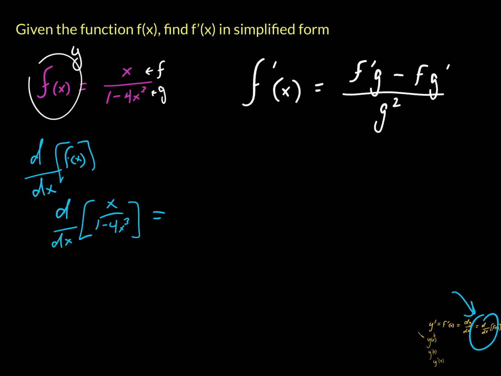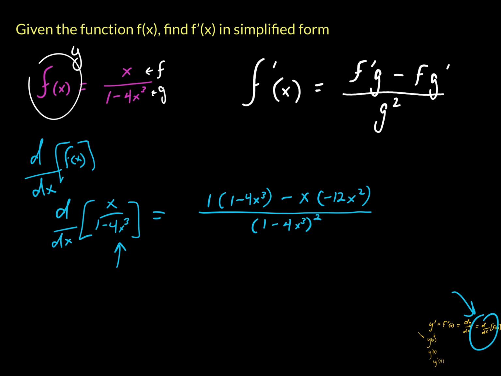So f prime, well, the derivative of x is 1. We're going to leave the second one, which is the denominator. Minus, not plus here. Now we leave the x, and we take the derivative of the denominator. 1 becomes 0. This term right here becomes negative 12x squared. The denominator, we take that, and we square it.